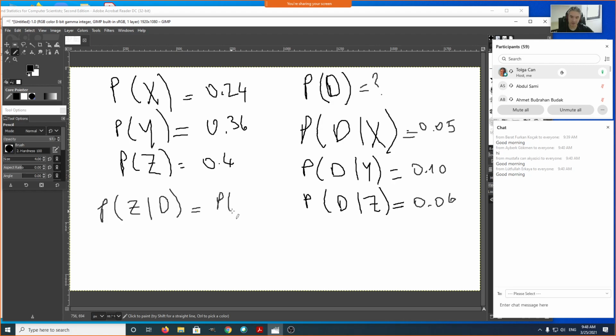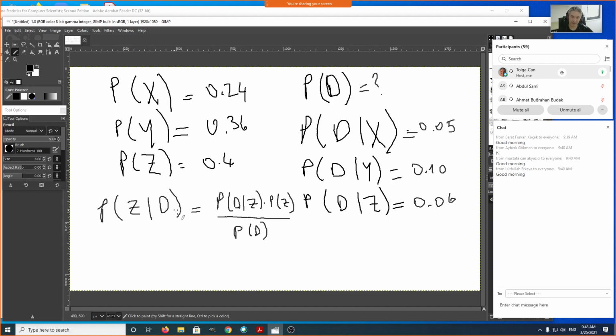What we need to do is, when we write the Bayes rule, it will be equal to this: probability of Z given D times probability of D, right? So this is the Bayes rule.